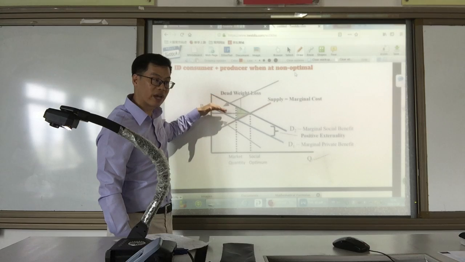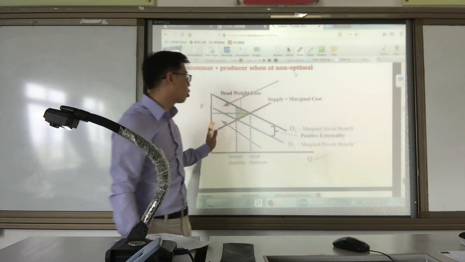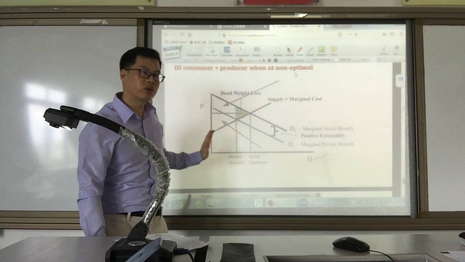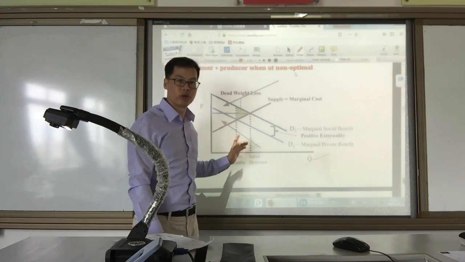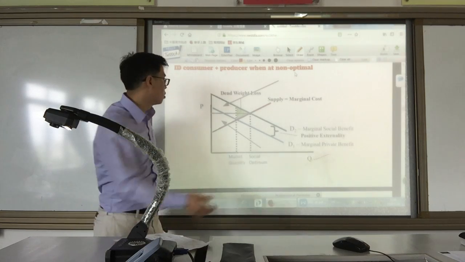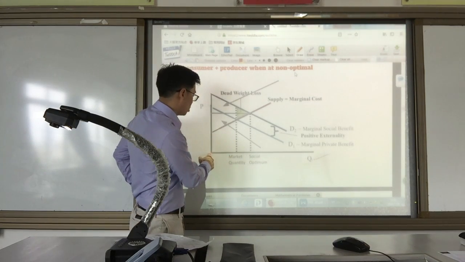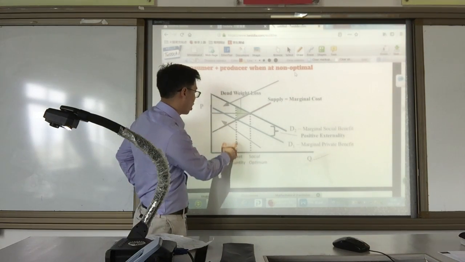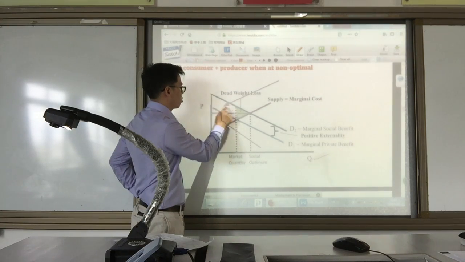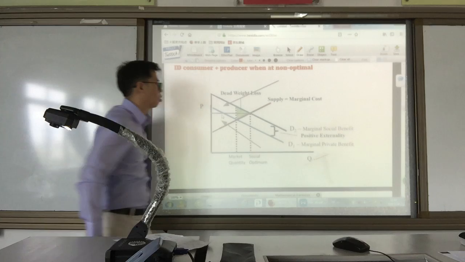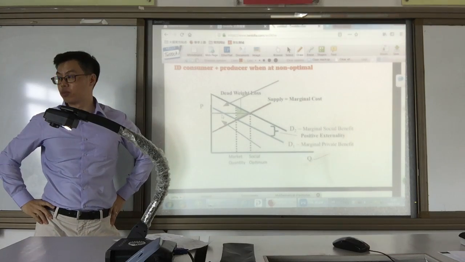So that's the vertical distance, and the horizontal distance is between the origin and the quantity of output, so it's between 0 and market quantity. So it's this trapezoid, and that is your consumer surplus.